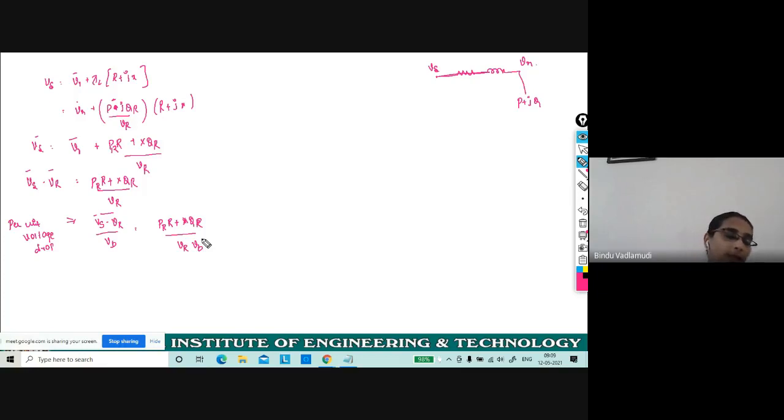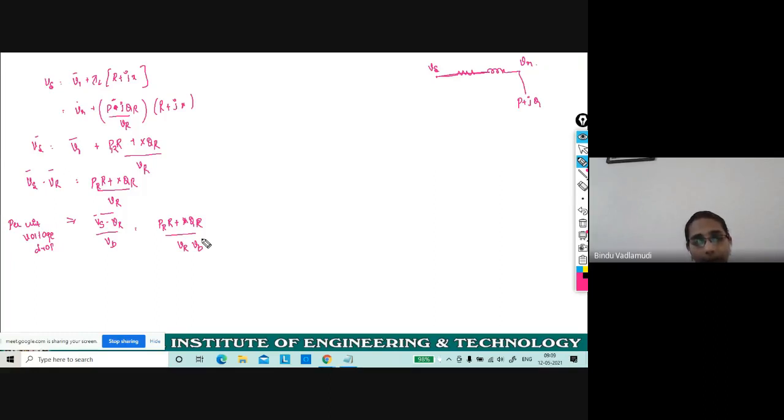How will you get the per unit values for any expression? The expression is divided by the base value.